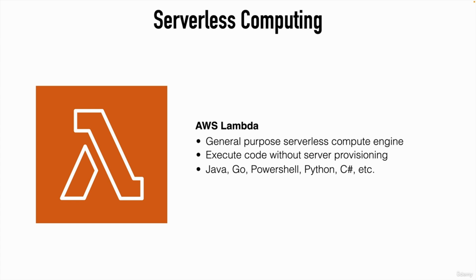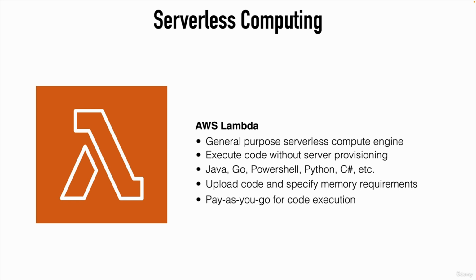From a very basic standpoint, how this may work is, let's say that you upload your code to AWS Lambda, and then you would specify the amount of memory that you need for the function of the code. When that code is invoked, those memory resources are provided to the code, and the code is executed.